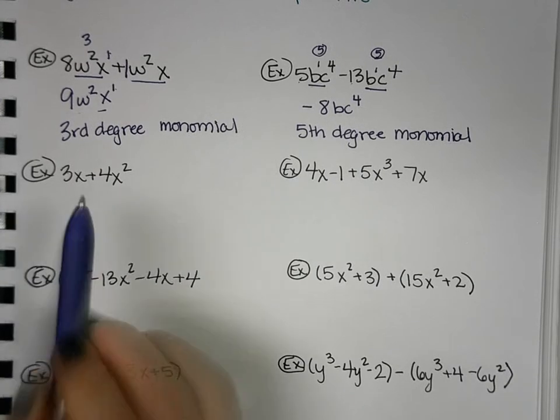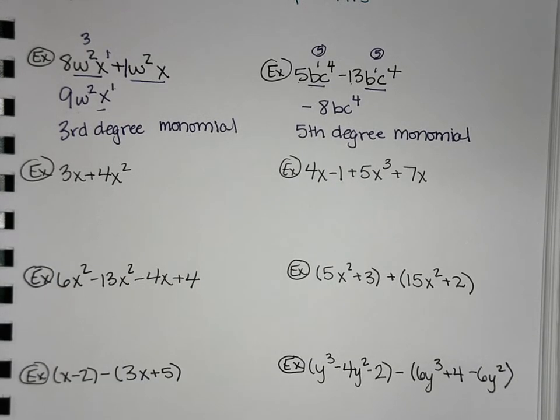Yes, Chase. Since it's 5 b c to the 4th and 13 b c to the 4th, why don't we add both the c exponents? Because each term is considered different. So you've got to keep the terms separated by the plus and minuses.